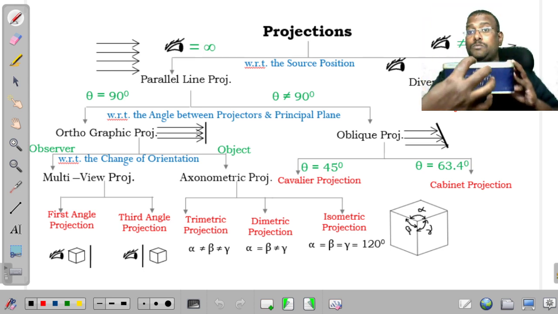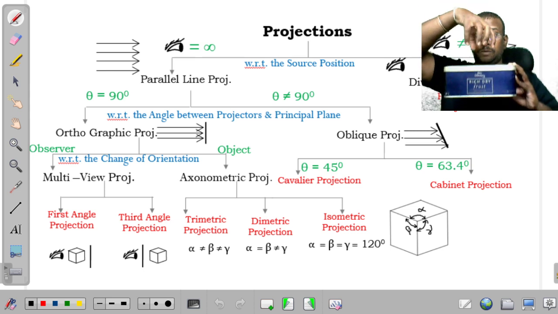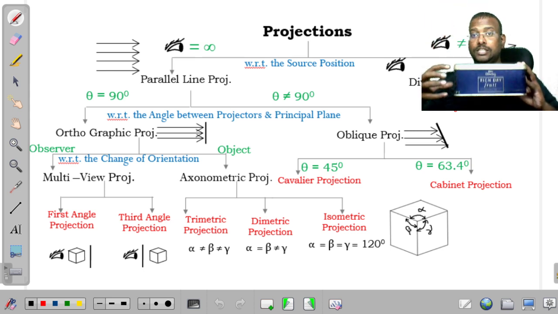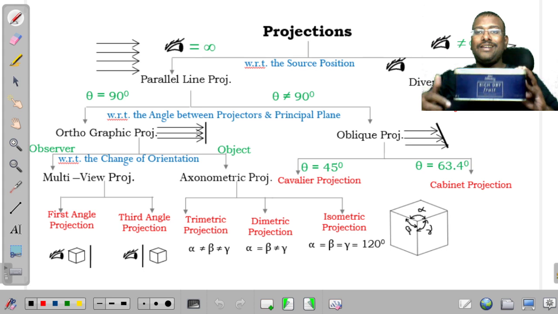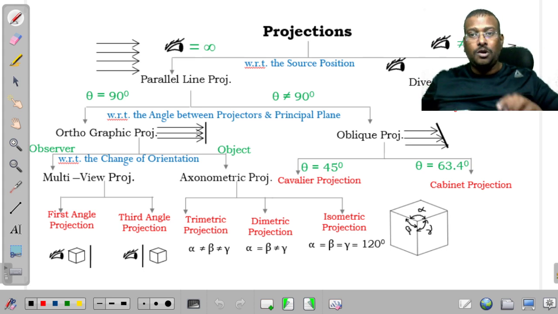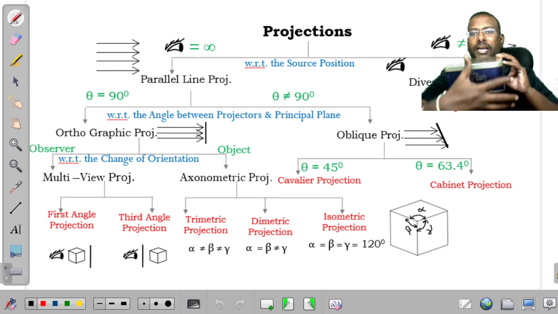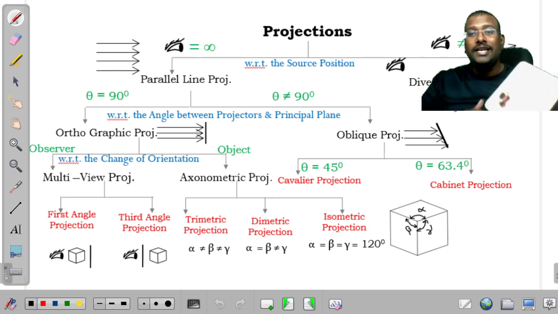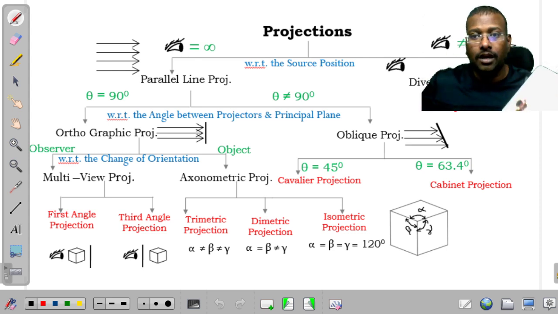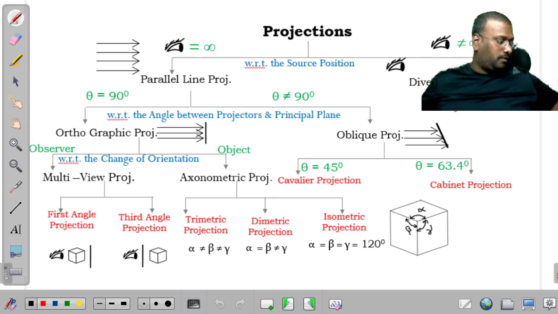So once he observed from here, another time he observed from here, in another case he observed from here. If the observer is changing his position to get the complete information of an object, it is called multi-view projection.